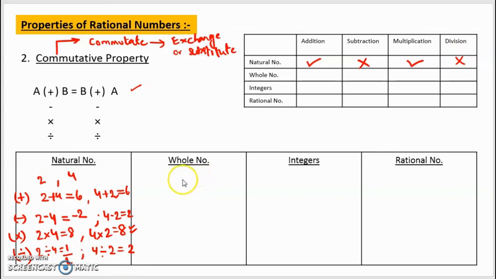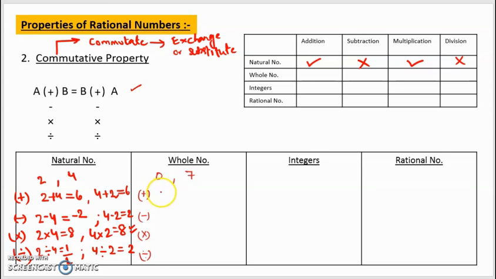Now let us check whole numbers. Let us take any two whole numbers. We know that in whole numbers, compared to the natural numbers, there is only one additional number, which is 0. So let us take one number as 0 and another as any positive number, which is 7. Now we will see one by one whether they follow the commutative property for addition, subtraction, multiplication and division.